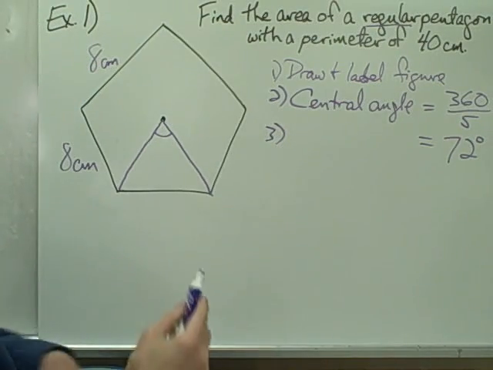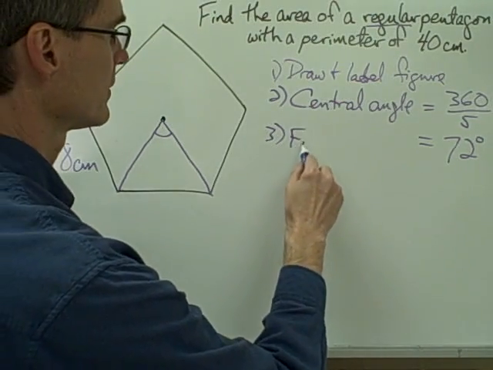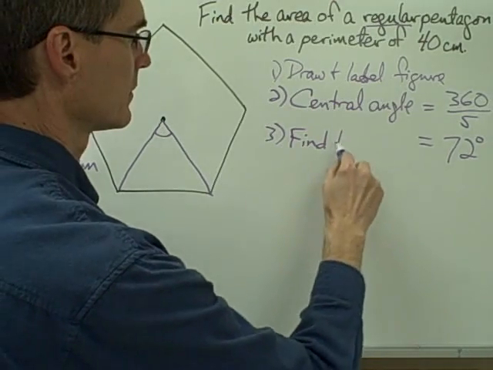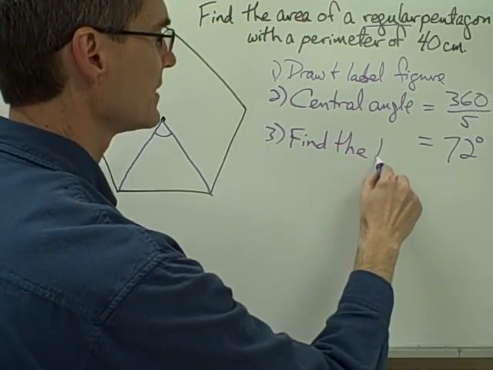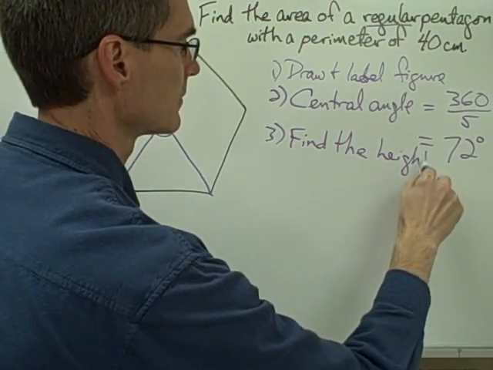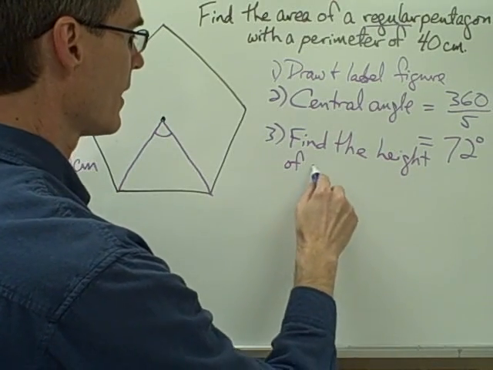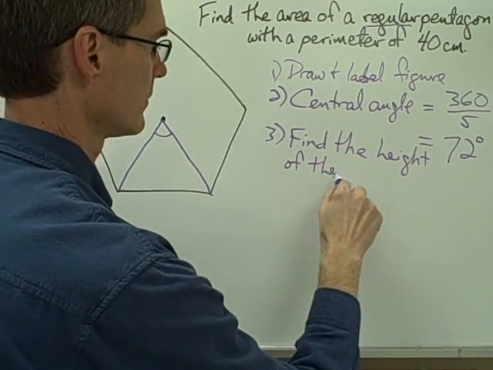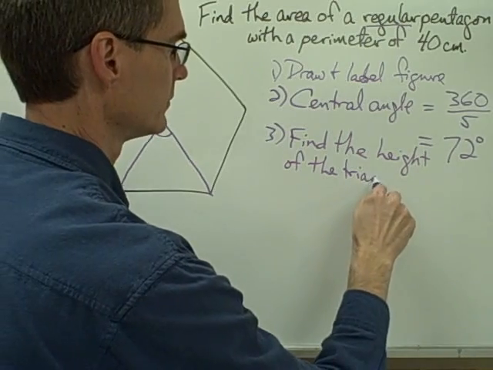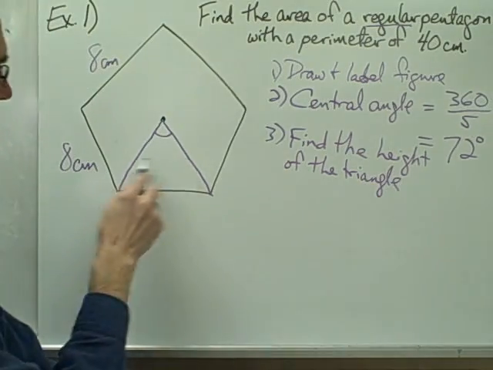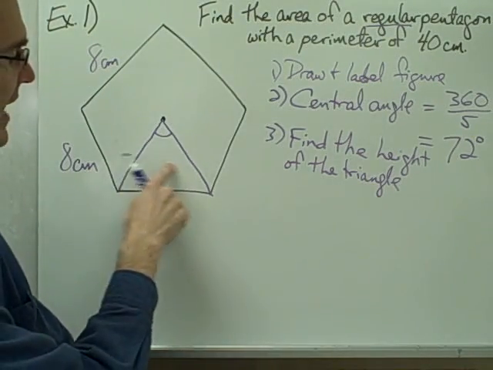Next thing I want to do is find the height of the triangle. I'm talking about this triangle right here. Remember, I'm going to try to find the area of this triangle.